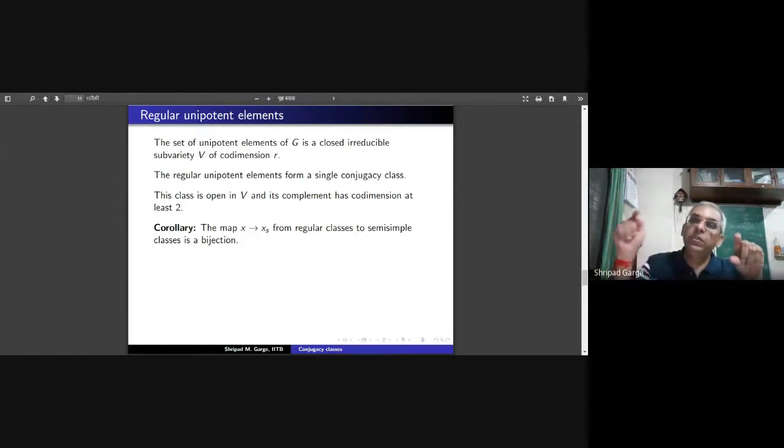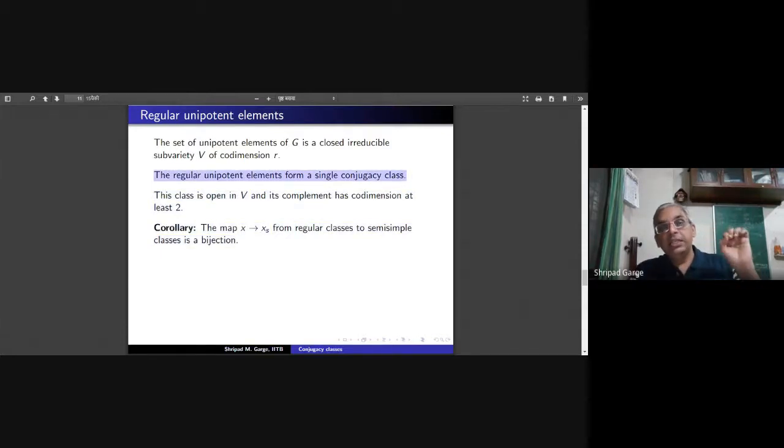And once again, you look at the centralizer of that semisimple part, and look at its connected component. The unipotent parts of these two elements will have to correspond to regular unipotent elements in the corresponding reductive group. But the regular unipotent elements form a single conjugacy class. That's what we have here. And therefore, we will have that the corresponding elements have to be conjugate.